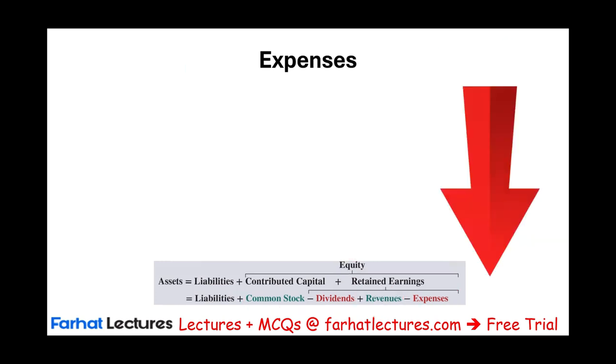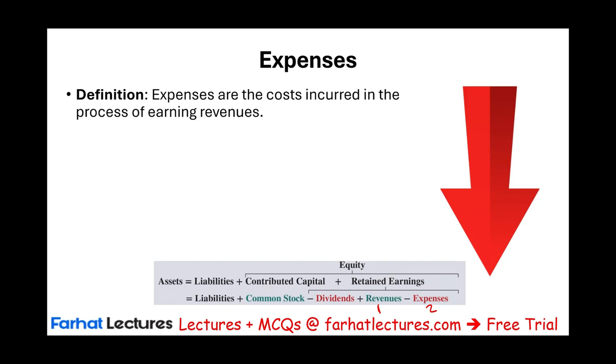Now, we're going to go from revenues to the second component. So revenues is one. The second component is expenses. What are expenses? Expenses are costs incurred in the process of earning revenues. It will be great if businesses could generate revenues without incurring expenses, without incurring cost. But that's not possible.